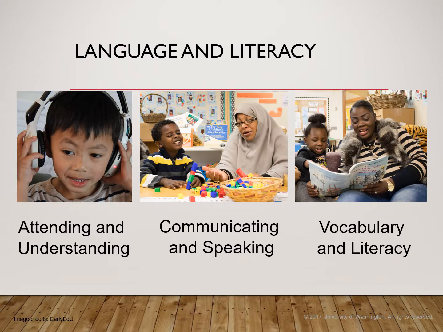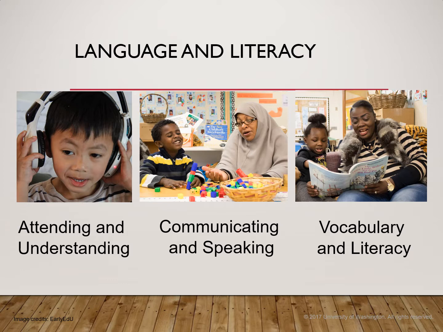The language and literacy domain focuses on children's developing abilities to listen, understand, and express themselves using language, and skills that lay the foundation for reading and writing. The domain for infants and toddlers is language and communication with these subdomains: attending and understanding, communicating and speaking, vocabulary, and emergent literacy.